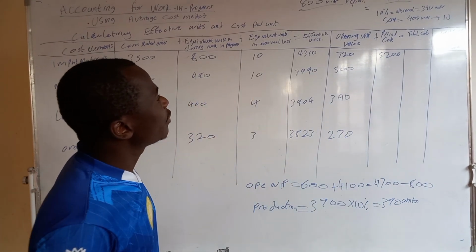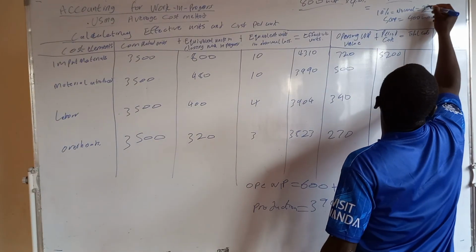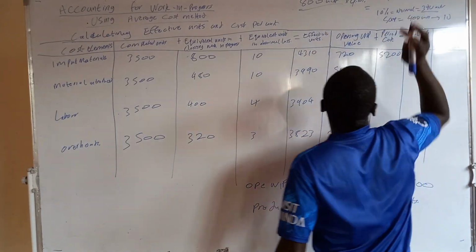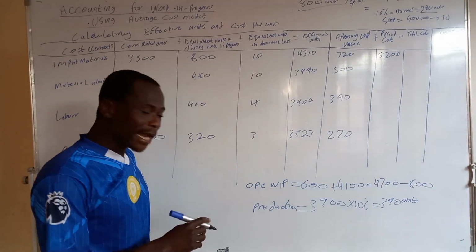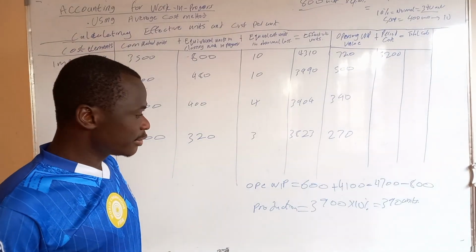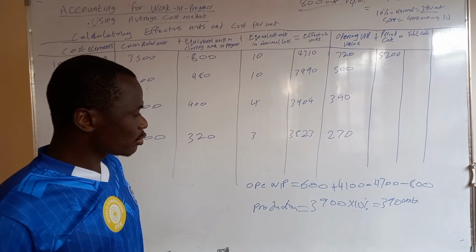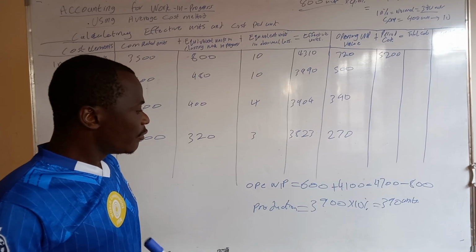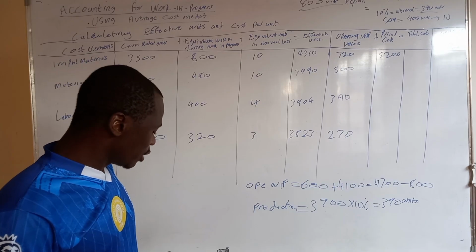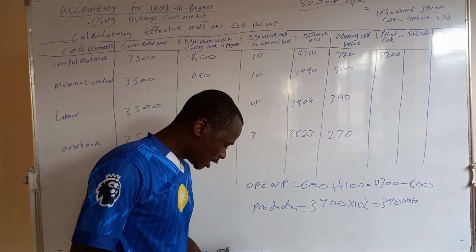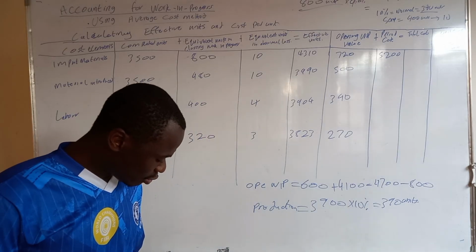Under this 390, this is what we expected to lose, what we expected as a loss. But there was a statement telling us that something was scrapped.